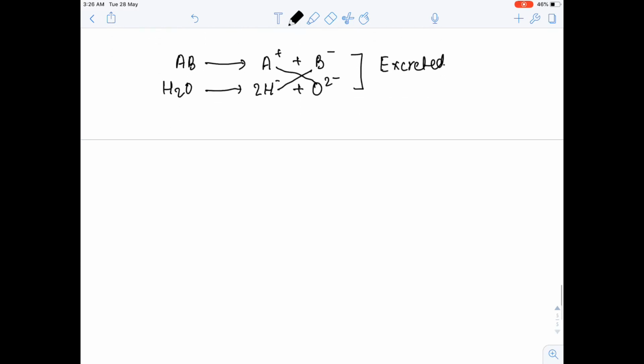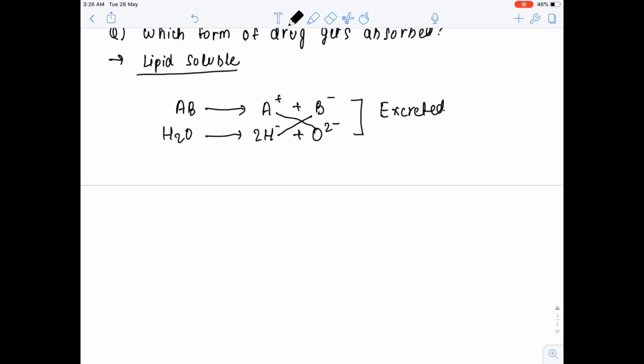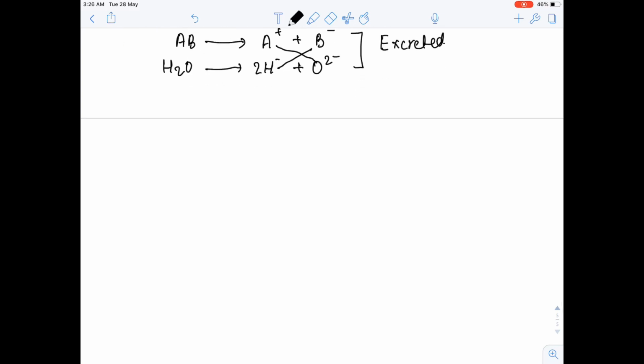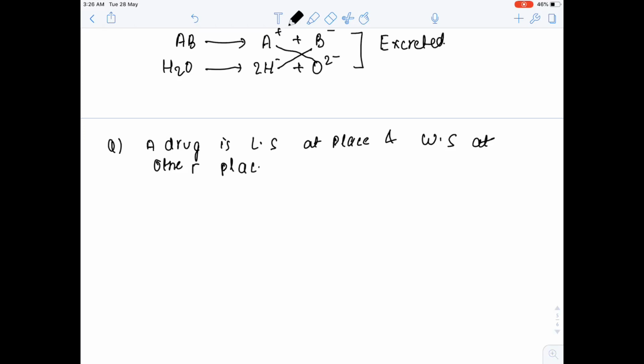Okay, now we know that lipid soluble drugs get absorbed and water soluble drugs do not get absorbed. So now the question is, what if a drug is lipid soluble at one place and water soluble at another place?